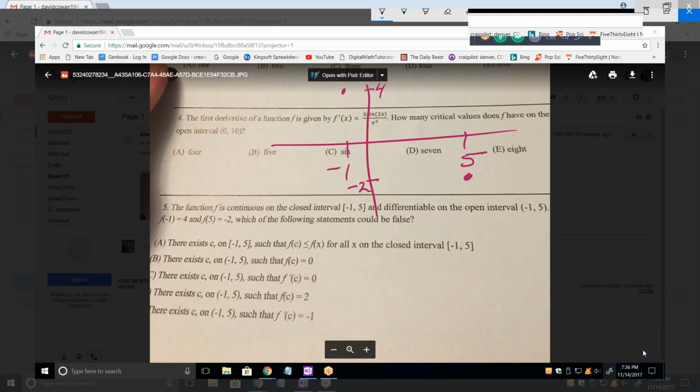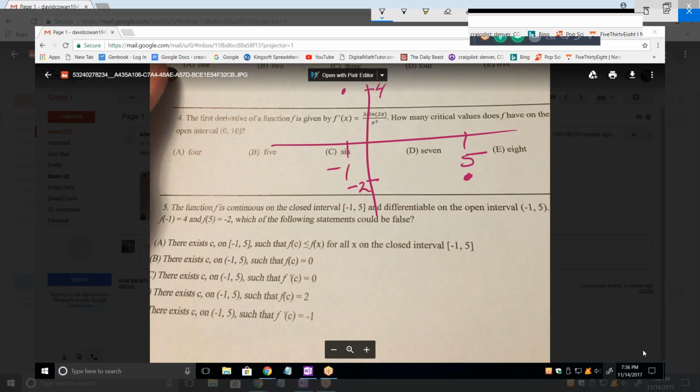There exists a point C on that interval such that f of c is less than or equal to f of x for all x on the closed interval. What does that mean? What they're saying is that which could be false, okay?